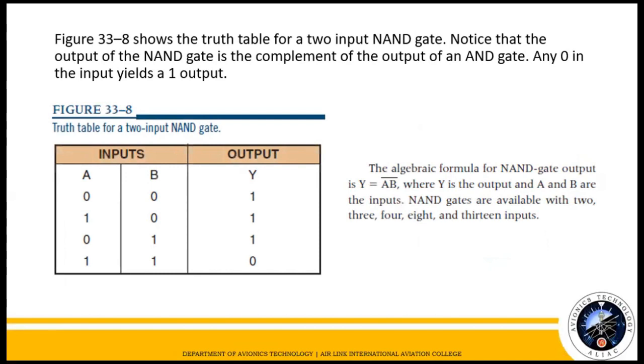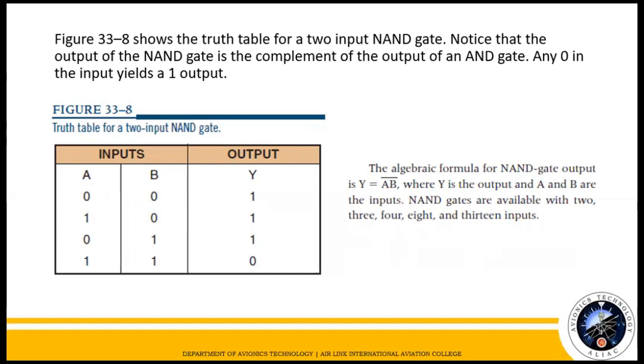So, for the two-input NAND gate, notice that the output of the NAND gate is the complement of the output of the AND gate. Any 0 in the input yields a 1 output. Okay? So, ulitin natin. Pag nakakita ka naman ng 0 sa NAND gate, ang ibig sabihin lang, meron siyang output na 1.